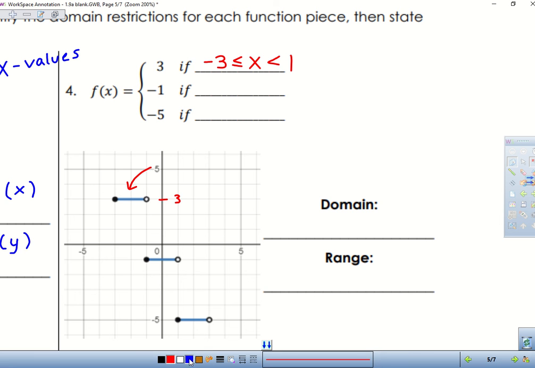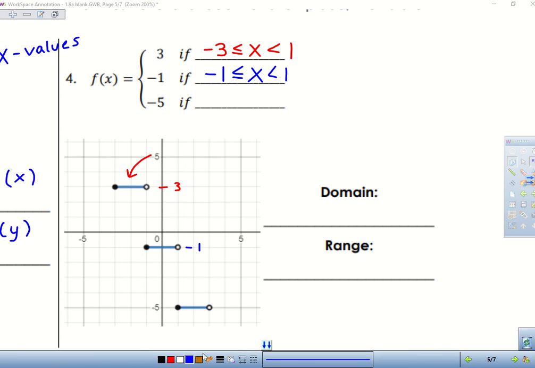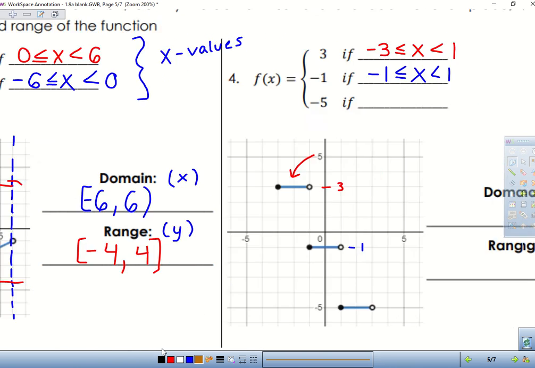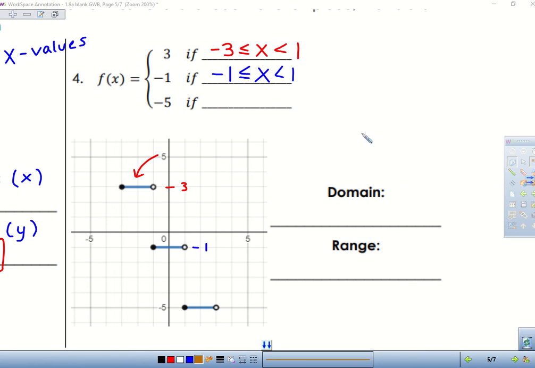So on this one here, this one's at -1, right? Does everybody see that? So that's this one here. And then what x values is it bound between? -1 and 1. Very good. Be careful what inequality signs you use. Also, is the 1 on the first one with the -3, it should be negative.